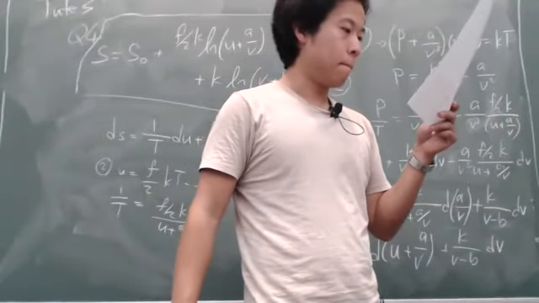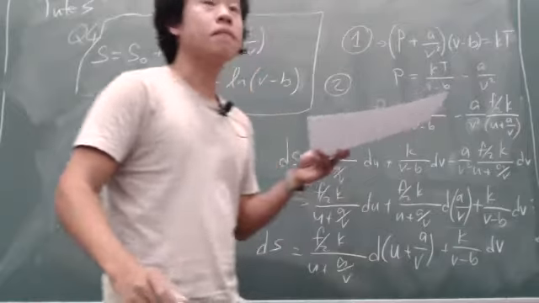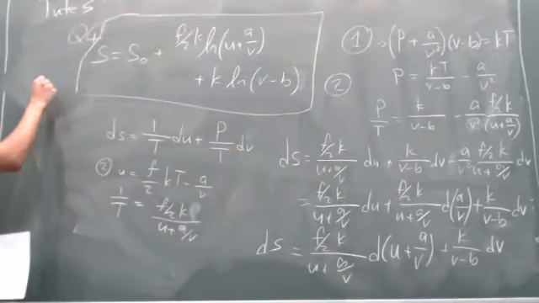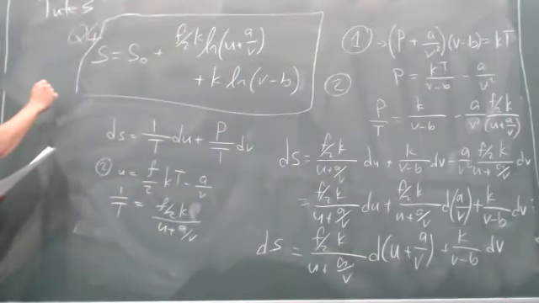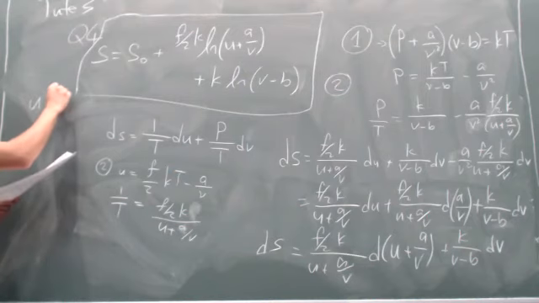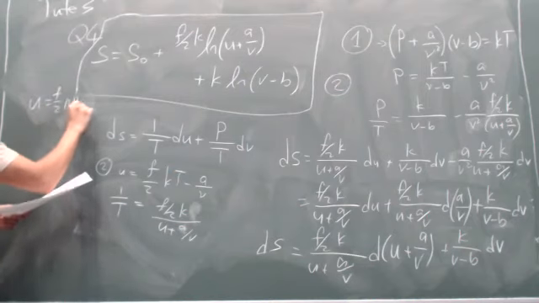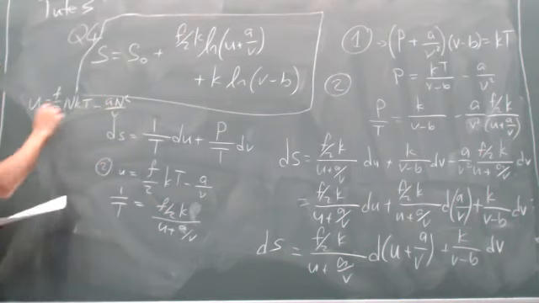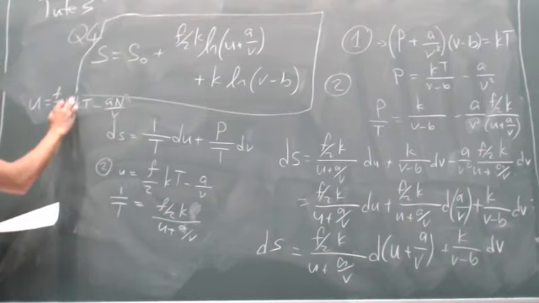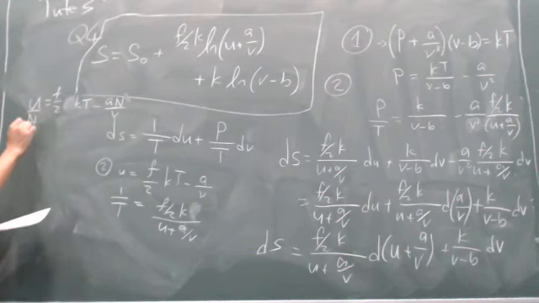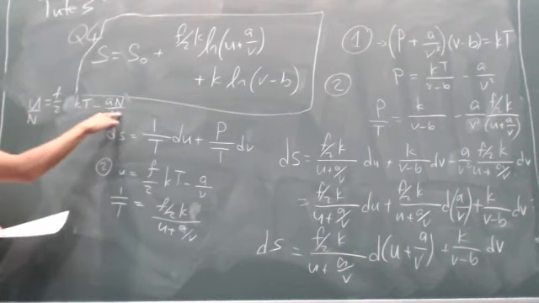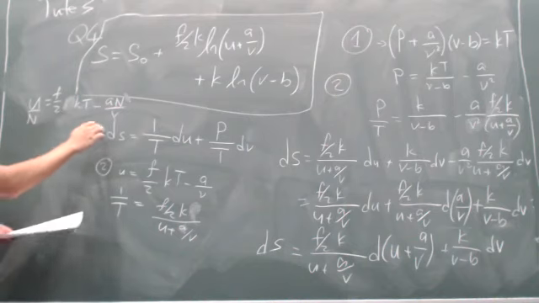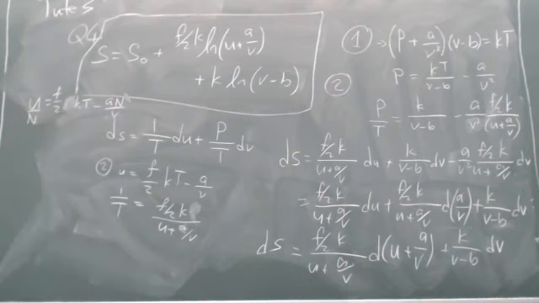I just want to know what that means. Oh, so after dividing, you got u equals F on nkt minus a n squared on v, right? Yeah. So after dividing everything by n, you lose one n here, and you get divided by n. So then this n on v becomes a little v. Yeah, so that becomes a specific volume.